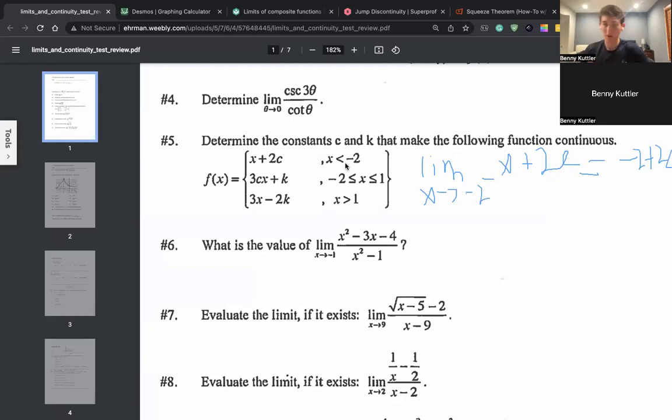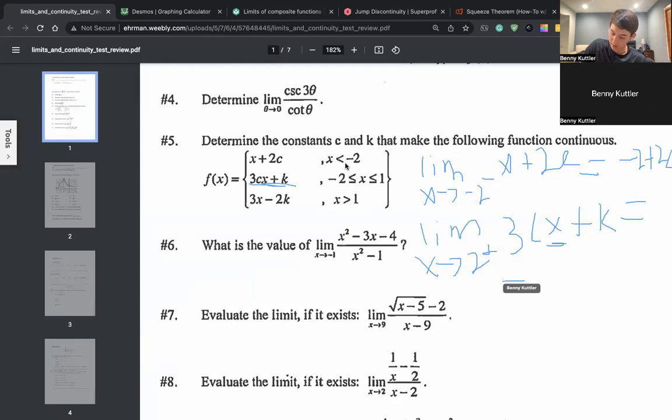So now we have to set that equal to the limit as x approaches -2 from the right of this part here of 3cx plus k. And that equals, if we plug in x equals -2 for x here, then we get -2 times 3c is -6c plus k.